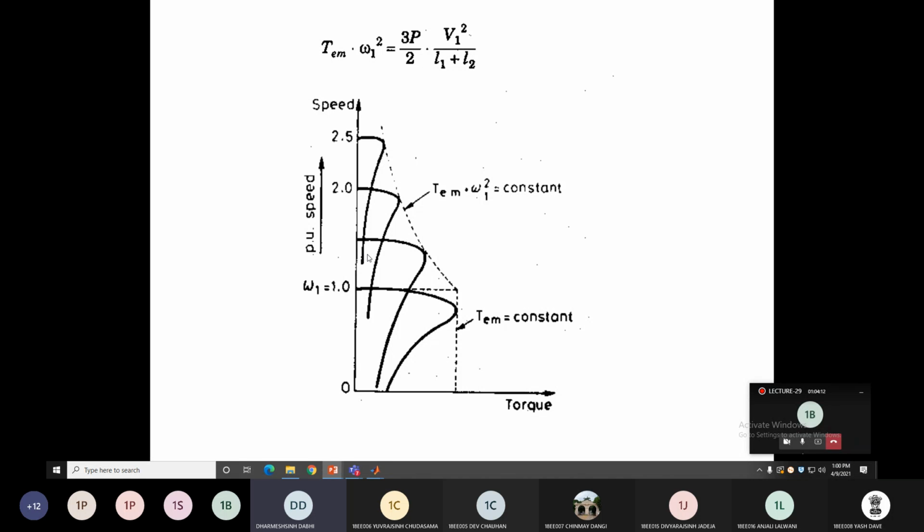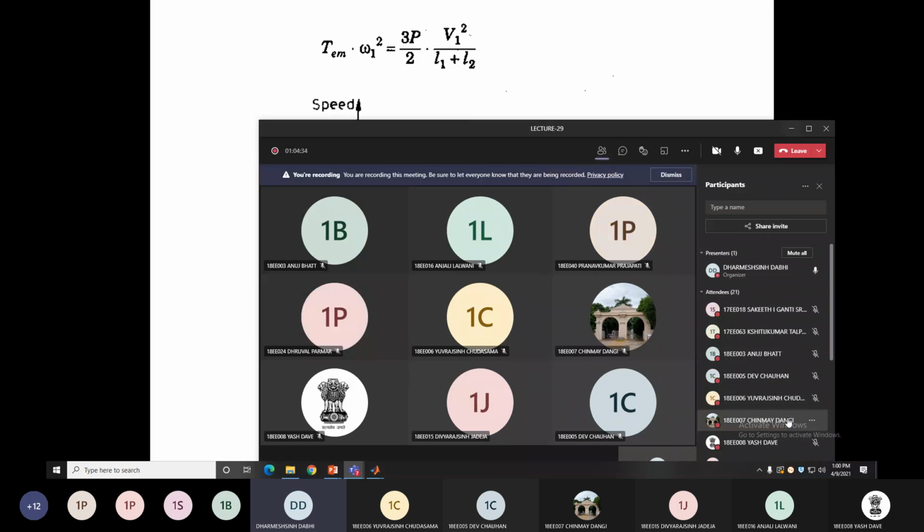Is there any doubt, anyone? In this case? Yes, anyone? Is there any question in this technique, stator frequency control technique? 18 number. Is there any doubt? 17, 18 number.